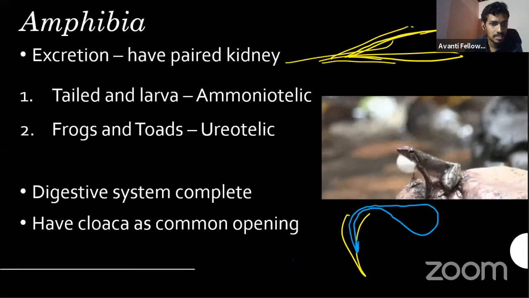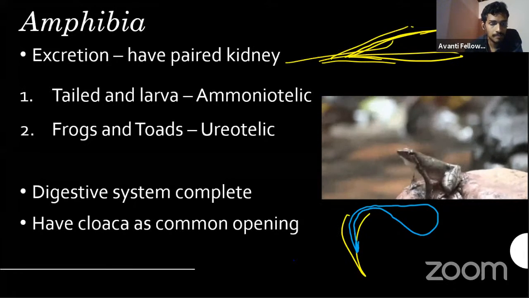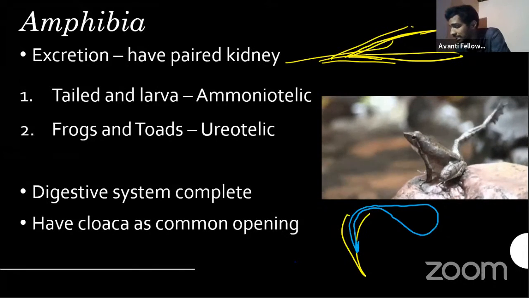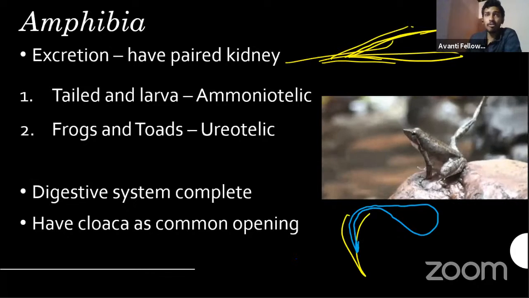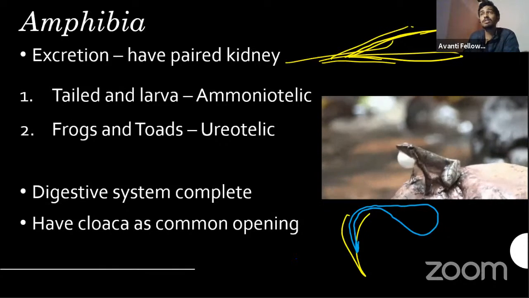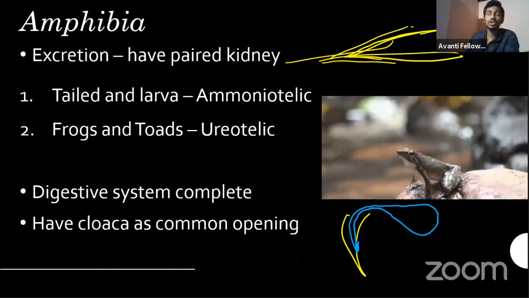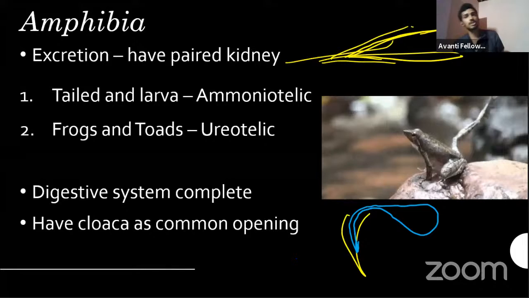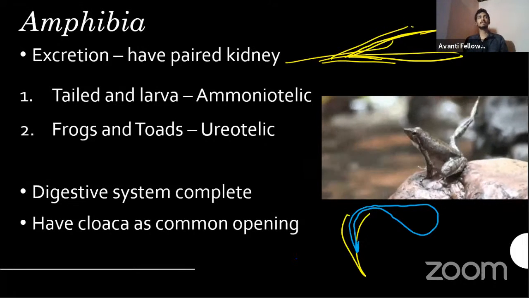How does an anaconda digest food by wrapping around a tree? After eating any big prey, why does it go and coil around trees? Because it can break the endoskeleton, the bones. Anacondas and those kinds of snakes have a lot of strength in their muscles.